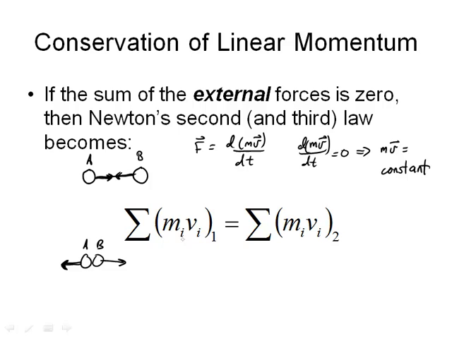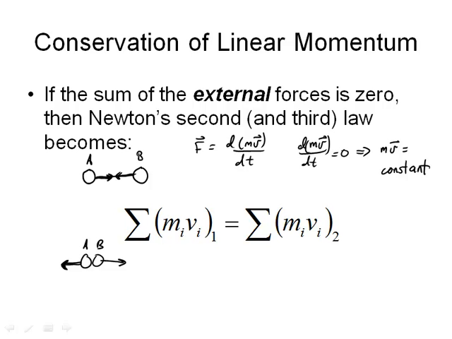And so the momentum of A and B combined before the collision will equal the momentum of A and B combined after the collision. The individual momentums of particle A and particle B will change, but the net momentum of particles A and B together will remain the same. If they had some momentum to begin with, they will continue to have that momentum as a whole.